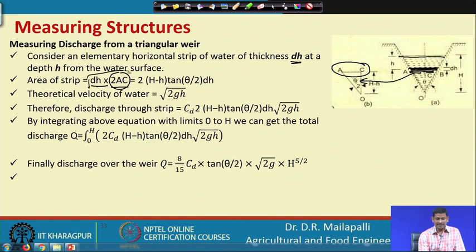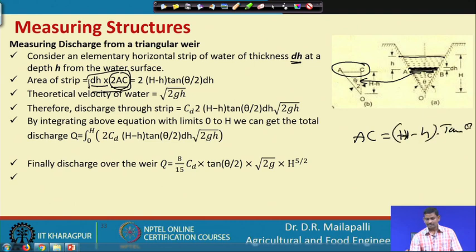This is the area, and AC is equal to (H minus small h) into tan theta by 2. This is a triangle, so you can use the side principle.